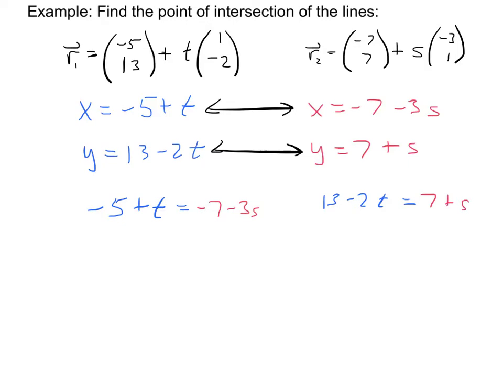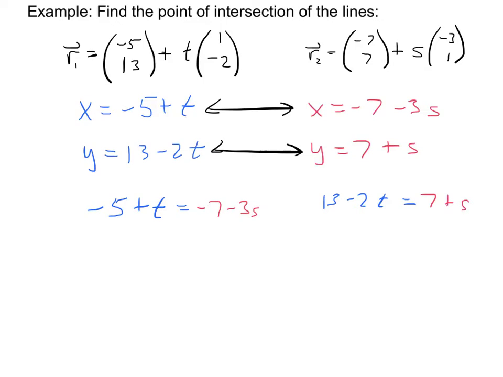Right? Now the idea is I should be able to do an elimination on these two things to solve. And what's really neat about doing them this way is you can save yourself some time by noticing these are already in the same order. This is number t equals number s, number t equals number s.